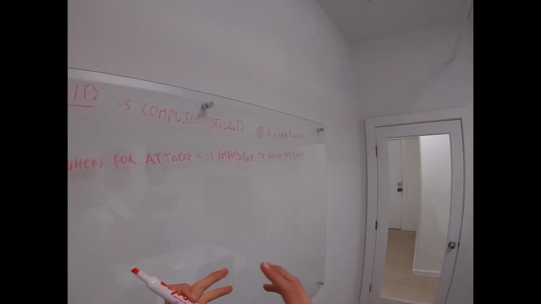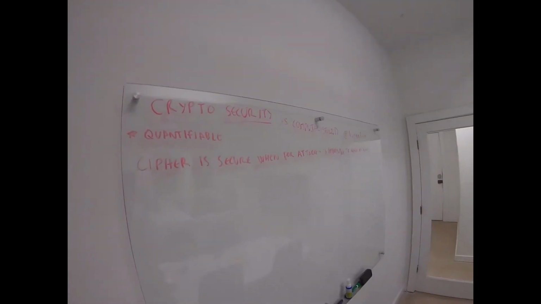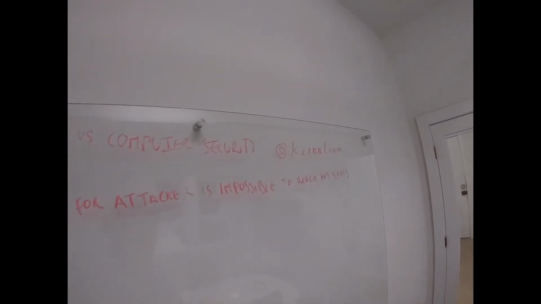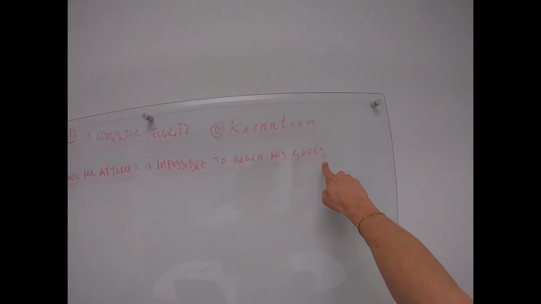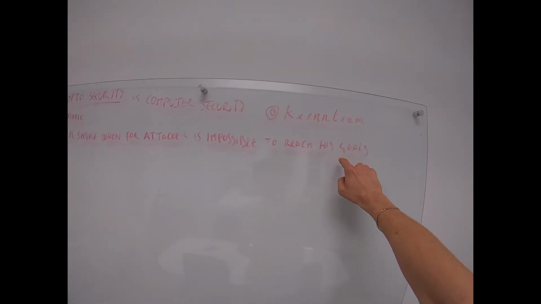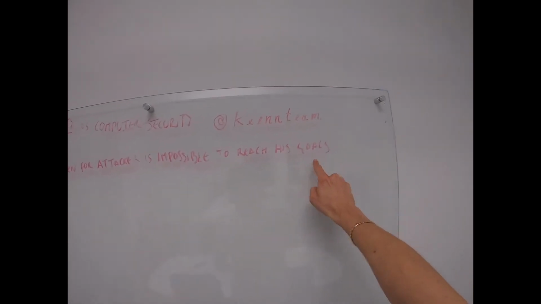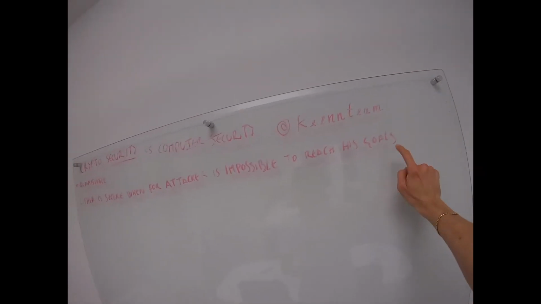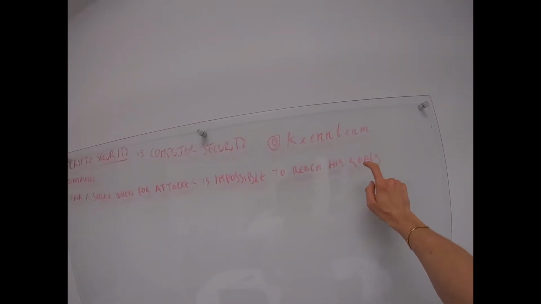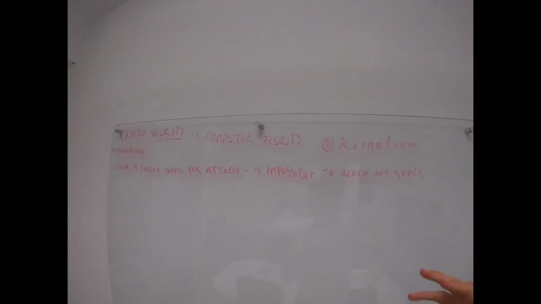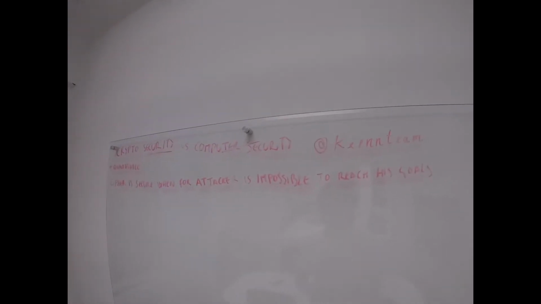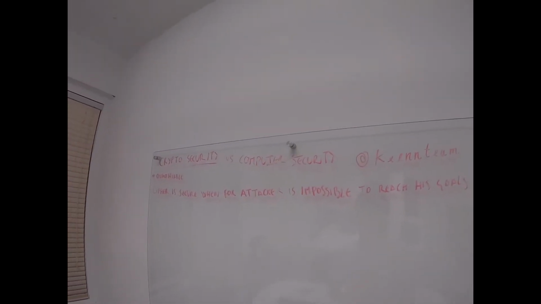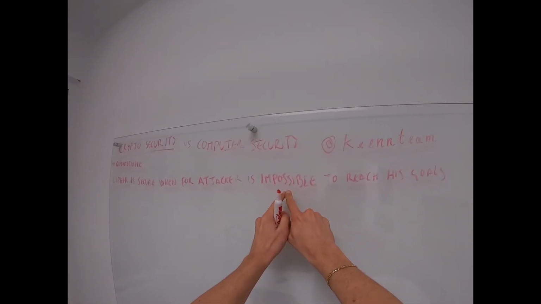That's the whole topic of security notions that I'm referring to by reaching his goals. His goal can be decrypting a ciphertext, or they can already decrypt every ciphertext but don't have the key, so their goal is to obtain the cryptographic key. It depends. What I want you to focus on now is the word impossible.